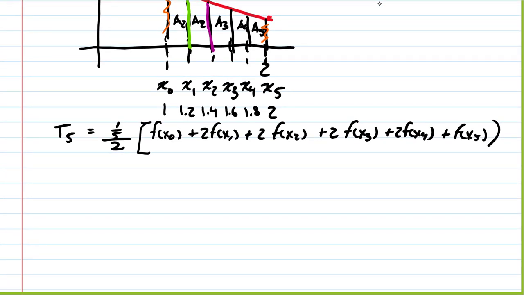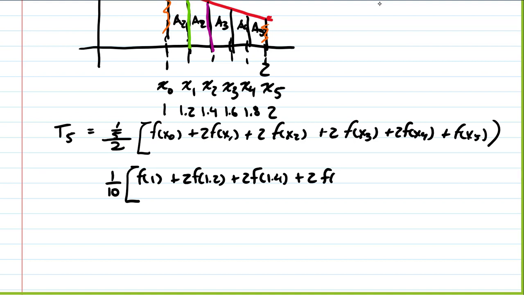So then this would be 1/5 divided by 2, which is 1/10, times f of 1 plus 2 times f of 1.2 plus 2 times f of 1.4 plus 2 times f of 1.6 plus 2 times f of 1.8 plus f of 2, right? You're probably already getting sick of writing this down. There was a reason we did all of those calculations at the very beginning.